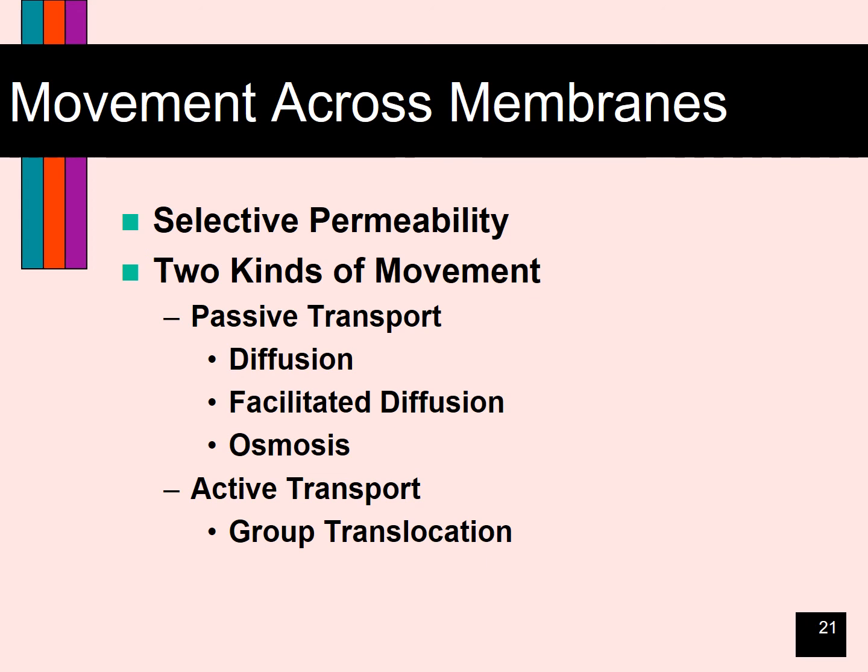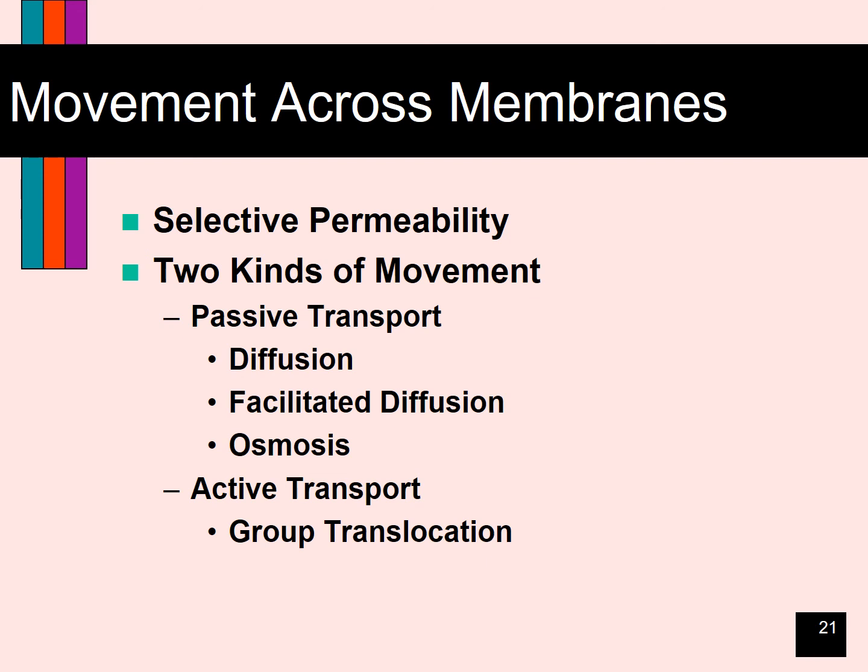All right, so it would still be considered diffusion, moving from high to low concentration, but it would be considered facilitated diffusion because you require some type of transport protein.